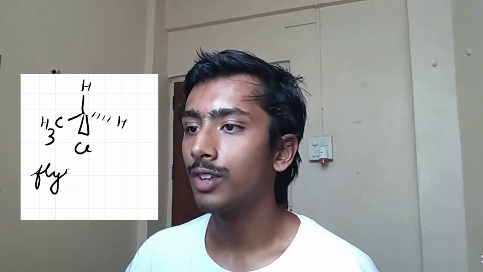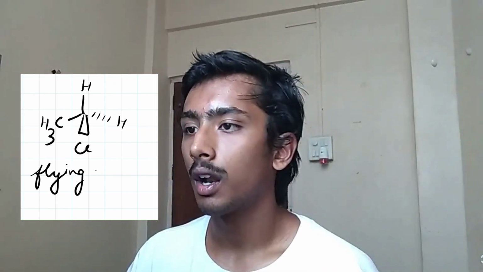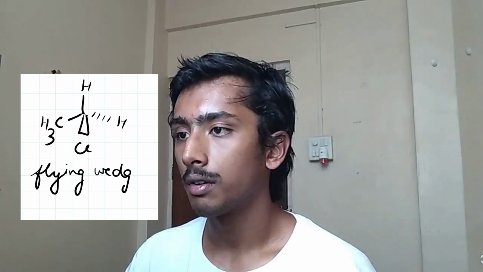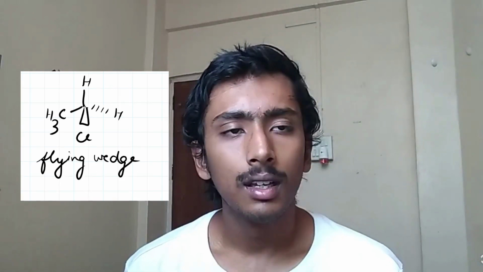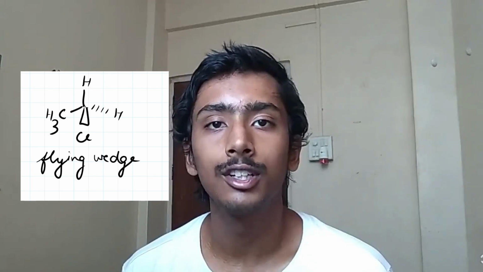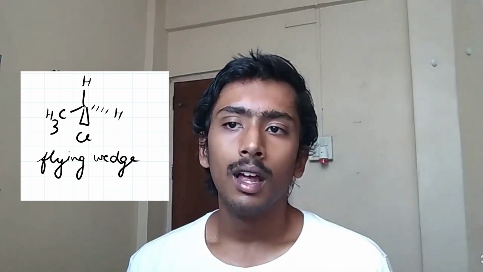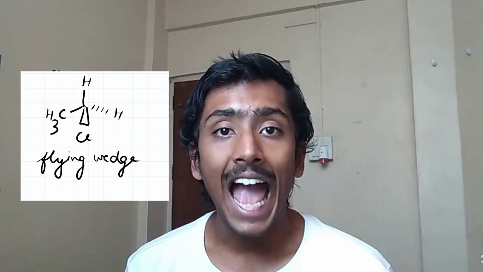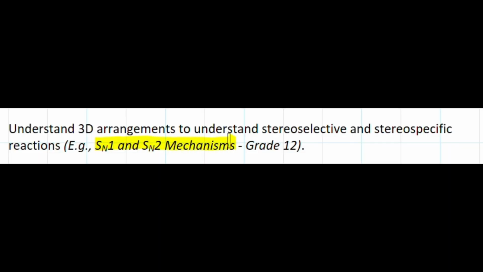This flying wedge structure is commonly used to represent 3D structures of particular compounds. To understand reactions, especially when you'll be dealing with your SN1 and SN2 mechanisms in grade 12, you need to understand how these 3D representations work.